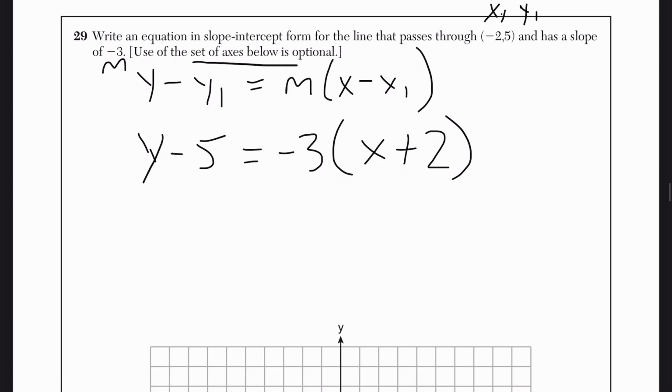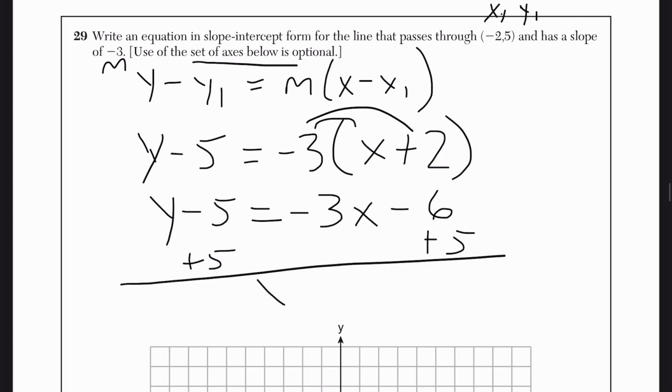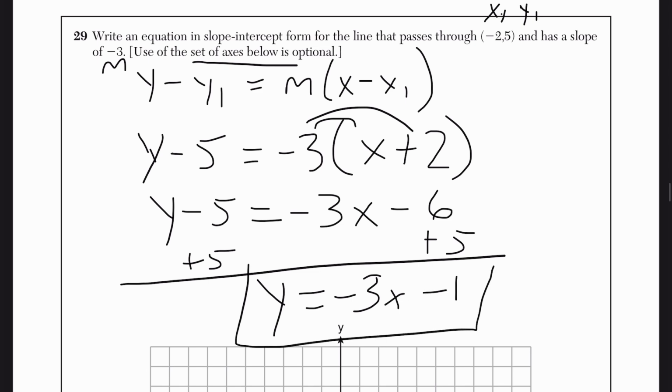Right, and this is a two-step process now. Distribute and add 5 to both sides. Y equals negative 3x minus 1. That's converting point slope into slope intercept. Y equals mx plus b.